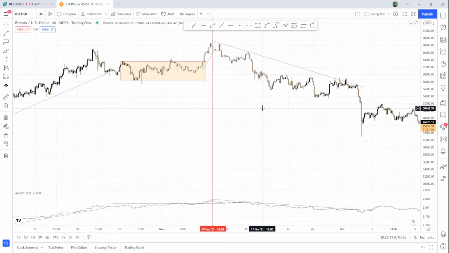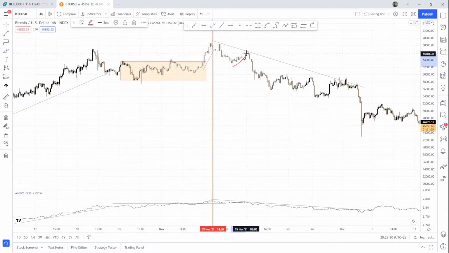So now let me explain. If you see this up movement, you might think that you want to enter this trade.